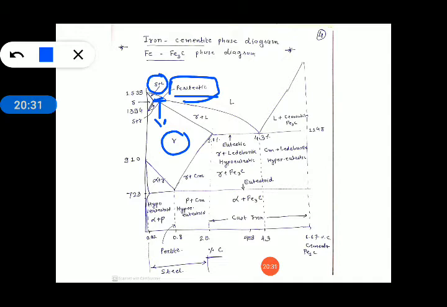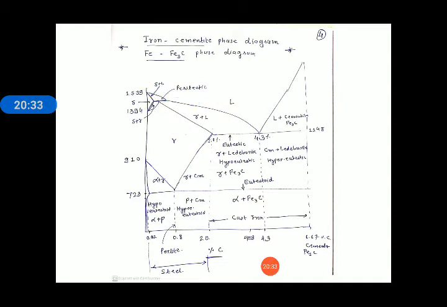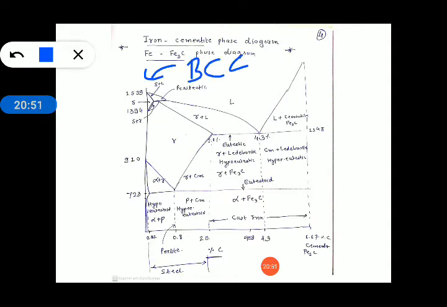So after this, when it cools, delta plus liquid will transform into the gamma phase. This phase is known as gamma, and gamma is called austenite. In this phase the crystal structure of delta is BCC and the crystal structure of gamma is FCC, as we saw in the crystal diagram.